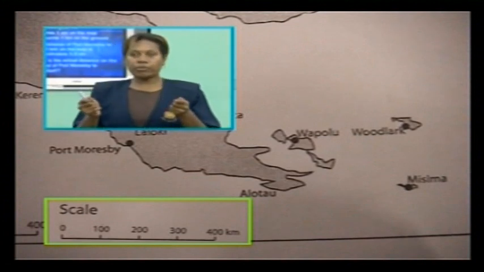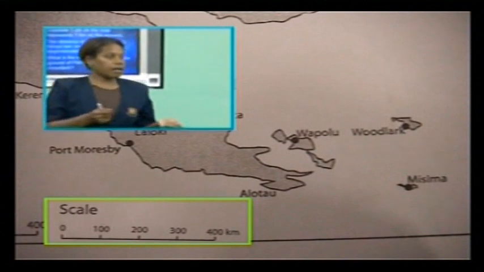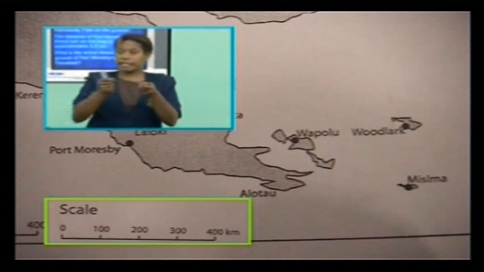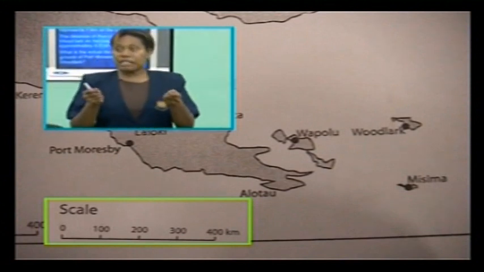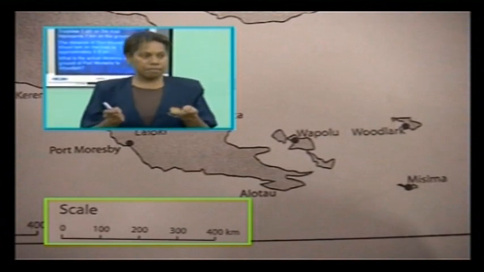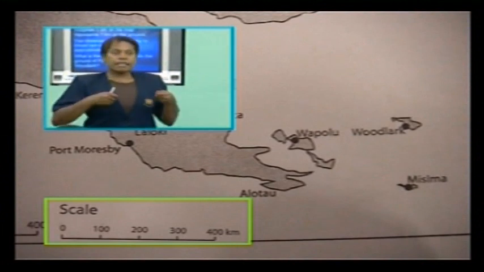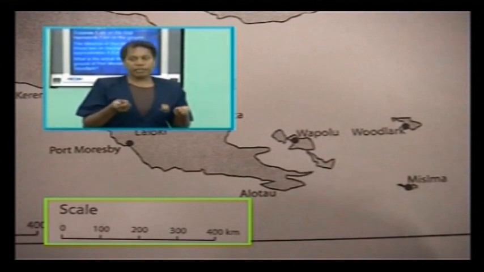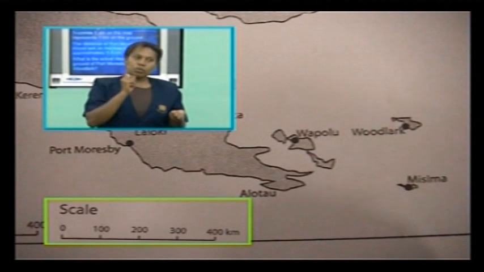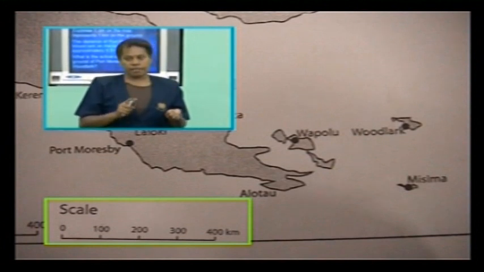So if I get my ruler and I measure Port Moresby to Woodlark, the distance on the map is 5.5 centimeters. Now I'm asking, what is the actual distance on the ground? And 1 centimeter is equal to 100 kilometers.